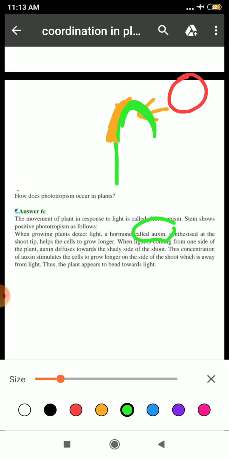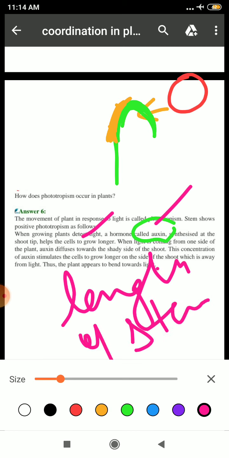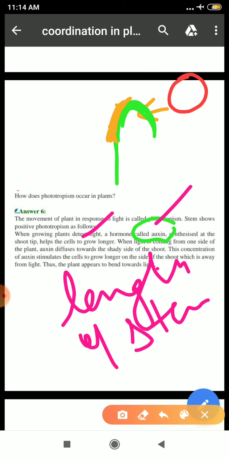Very easy. You need to remember the name of this hormone, that is auxin. It is synthesized at the tip of the shoot and its function is to increase the number of cells, which will help in increasing the length of the stem. I hope you have got an idea.